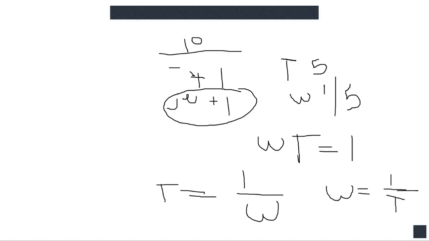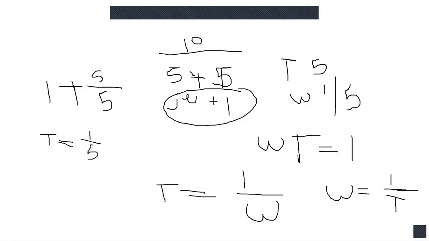So, in your transfer function, suppose you have s plus 5 and you take this 5 common, you get 1 plus s by 5. In this case, what is t according to the standard time constant form? T is equal to 1 by 5. And so omega is obviously equal to 5. What we can say using this formula is that before frequency 5, this factor doesn't contribute at all.